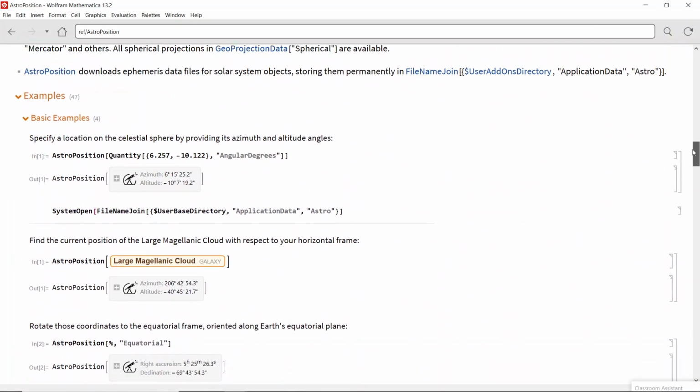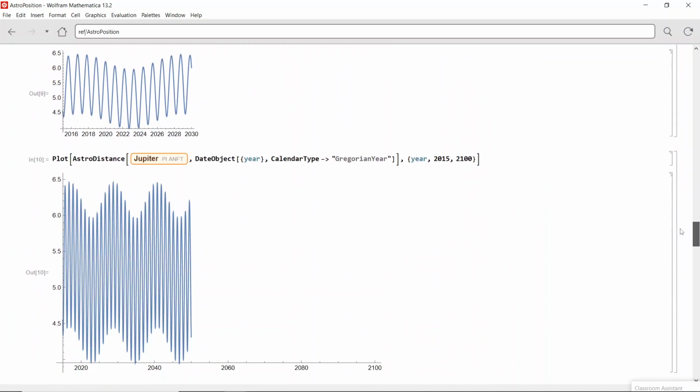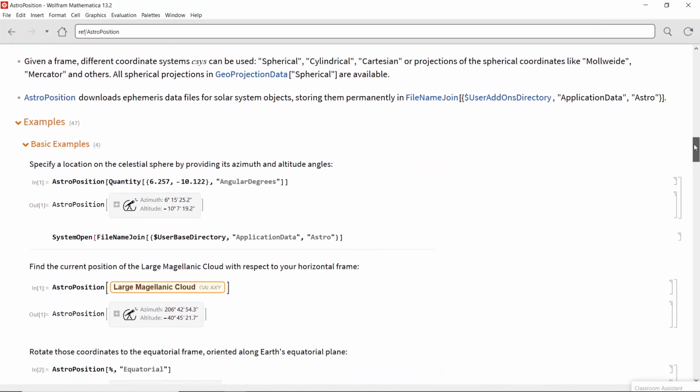Oh, didn't mean to go to the bottom. Where was I?